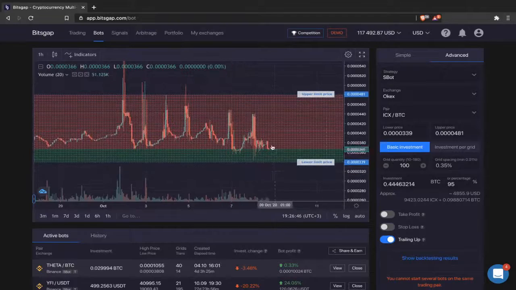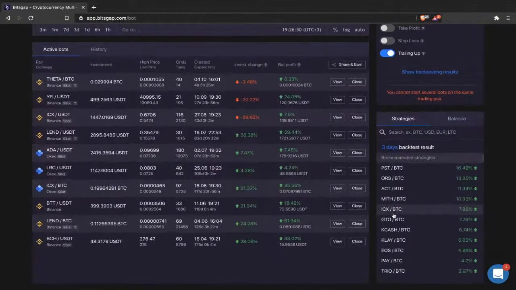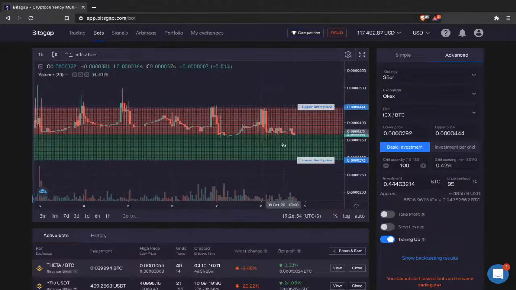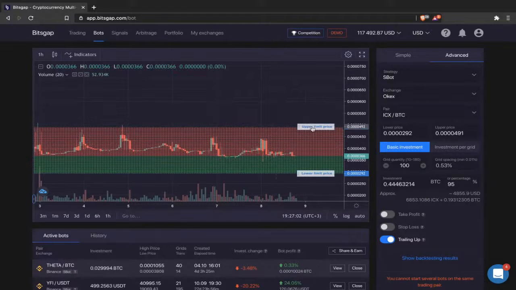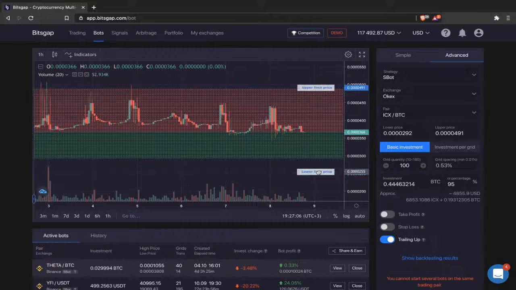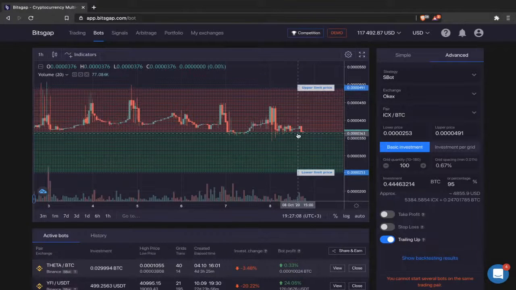And yeah, so you see that as I clicked on ICX, it has automatically set the trading range for me. And I can actually adjust this trading range manually by dragging the line on the chart. So I can drag the upper limit price higher, and I can drag the lower limit price lower. And by that, I manipulate the trading range.